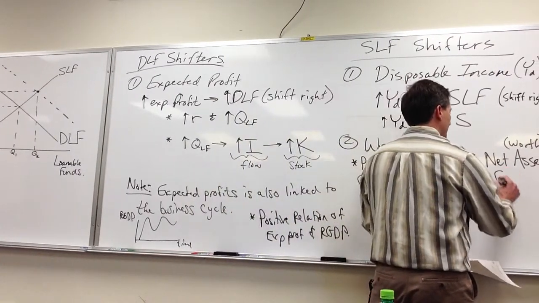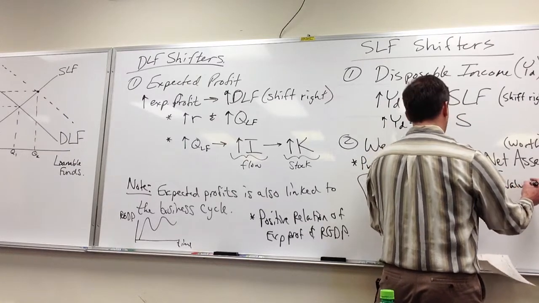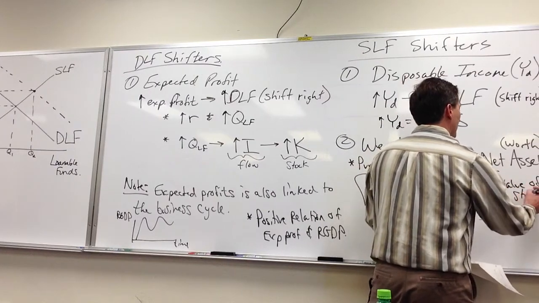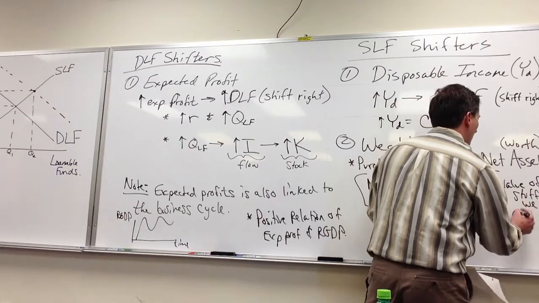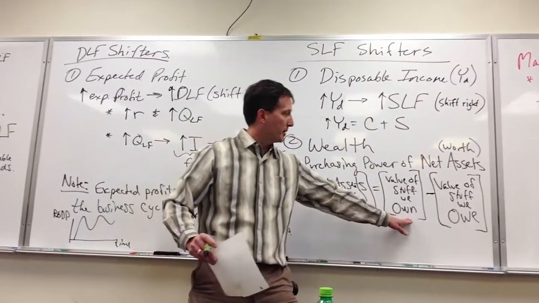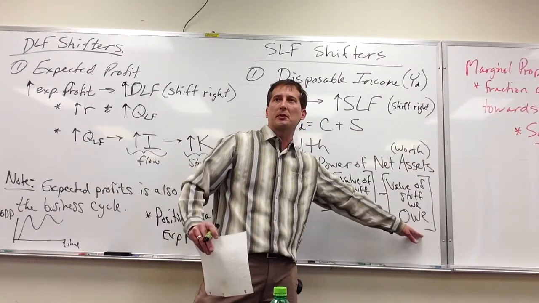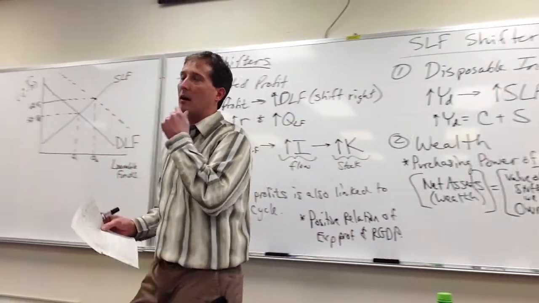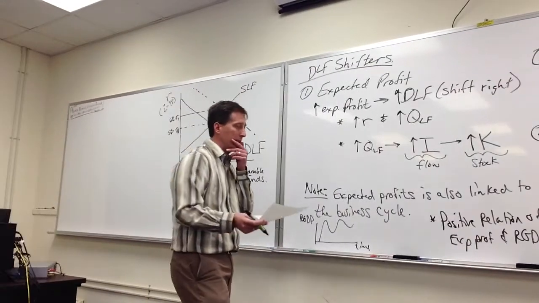Assets minus liabilities for you accountants, but I don't tend to think that way. Value of stuff we owe, our debts. So we've got some ownership of some stuff, but we may owe some people some stuff. The difference gives us our wealth or net assets.